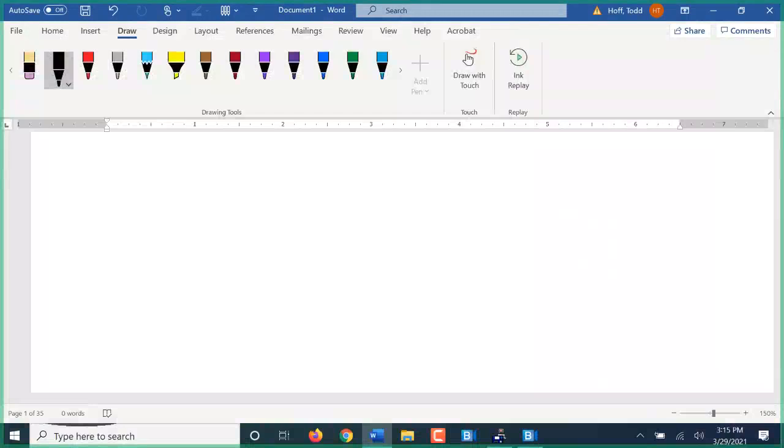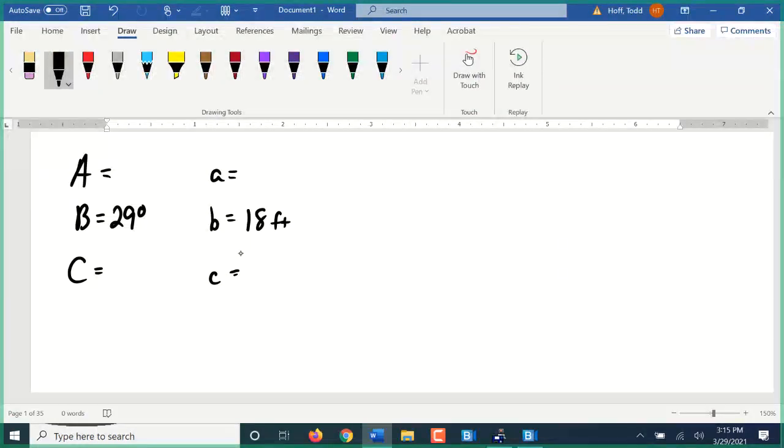The situation that we had to worry about was this one. Angle B, 29 degrees. Side B, 18. And side C is 35.